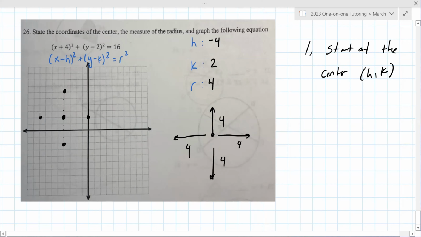And then you just smoothly try to connect them so that it looks as much like a circle and not like a football. Okay, that makes sense.